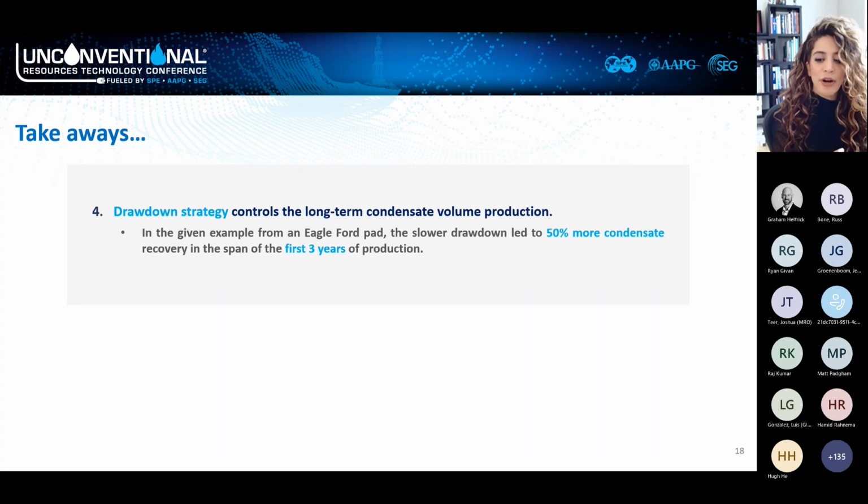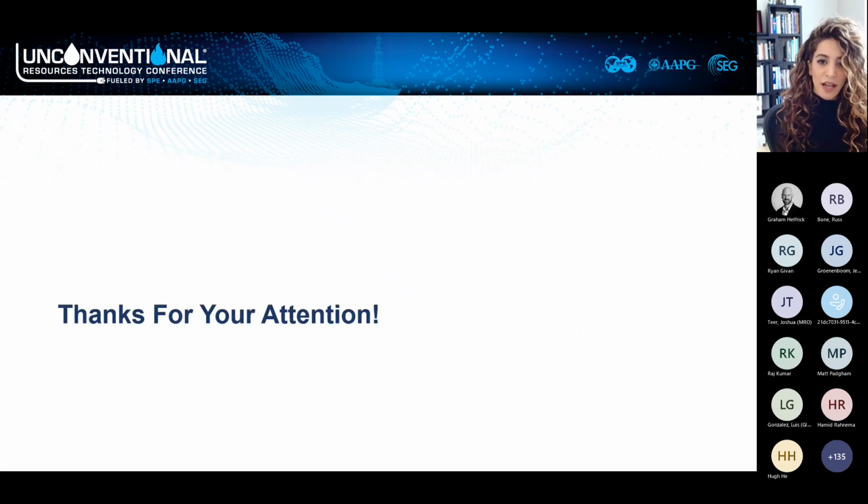And for the example of the staggered pad that I showed you in the Eagle Ford, we saw that drawdown strategy controls the long-term condensate volume production. In the given example, the slower drawdown led to 50% more condensate recovery in the span of the first 3 years of production.